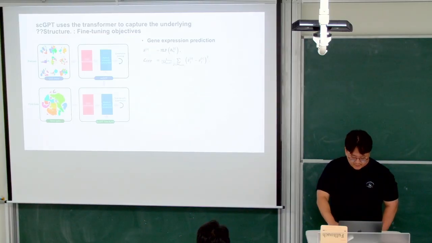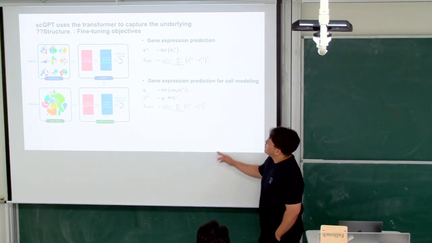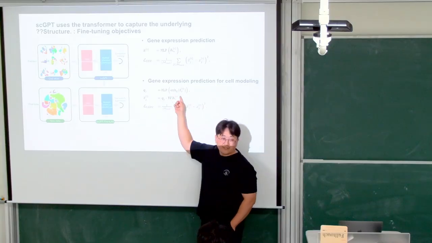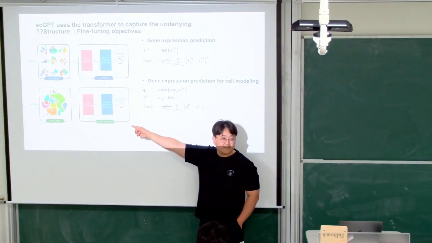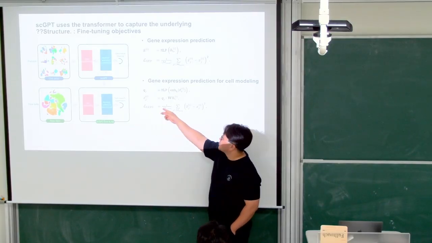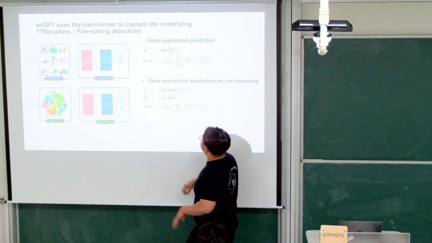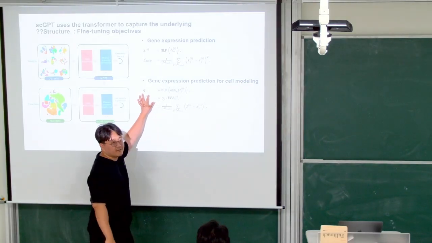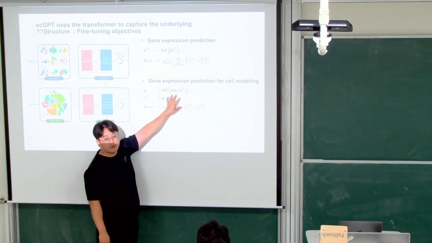Then they also want to improve the quality of the cell representative vector of each cell. To do that, they calculate the query tensor using the embedding layer from the pre-trained model.